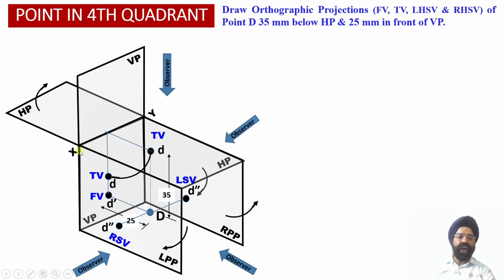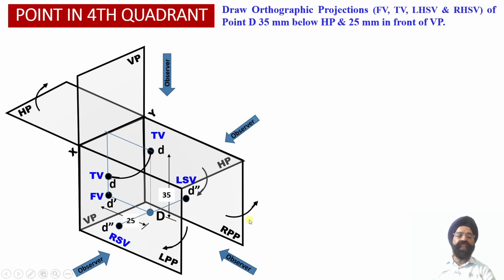Now with respect to this vertical hinge, we have to rotate the left profile plane in the leftward direction. This way we obtain the right hand side view projection of the point D on the left side of the front view orthographic projections, below the XY reference line.